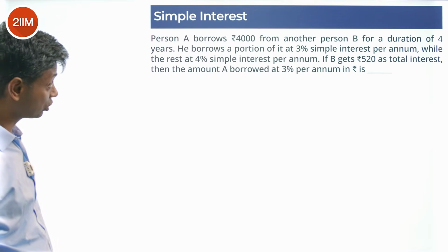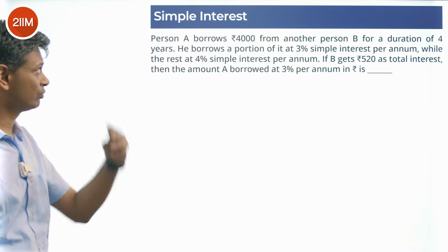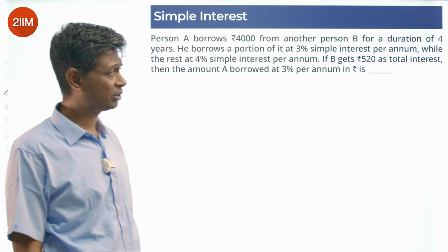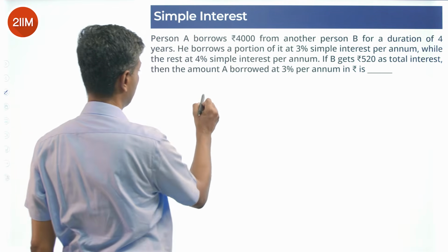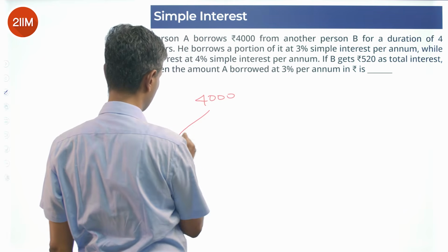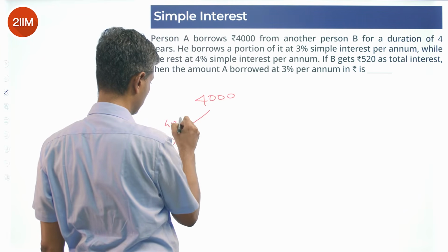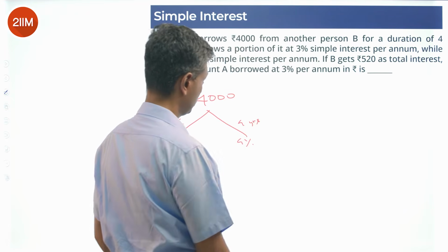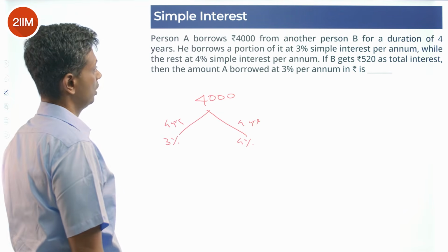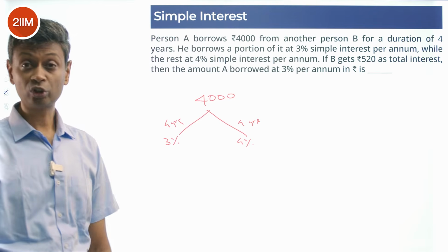Person A borrows 4,000 from another person B for a duration of 4 years. He borrows a portion of it at 3% simple interest per annum, while the rest at 4% simple interest per annum. 4,000 rupees at 3% for 4 years, at 4% for 4 years. B gets 520 rupees as total interest.